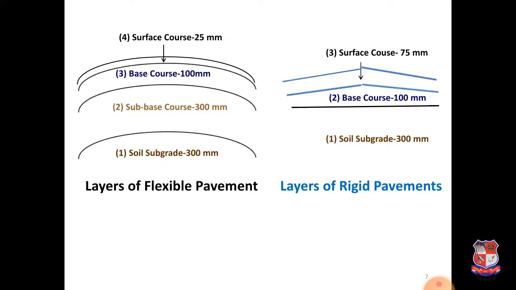In subbase course and base course, coarse aggregates are used, and in surface course, bitumen is used with grit.